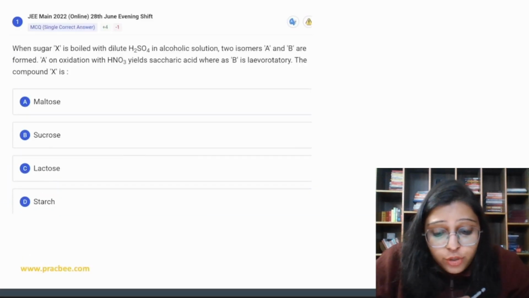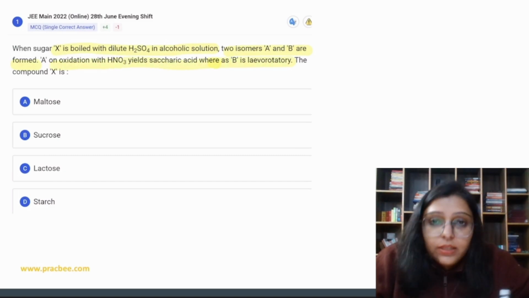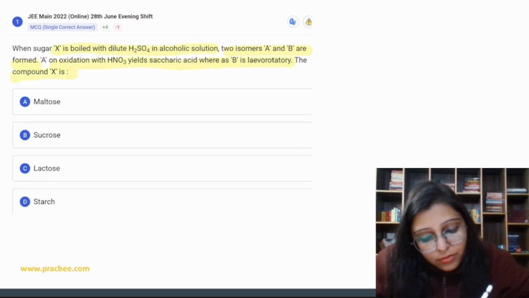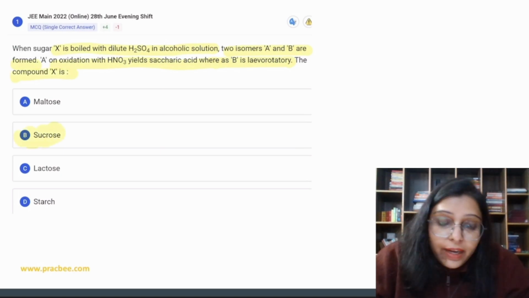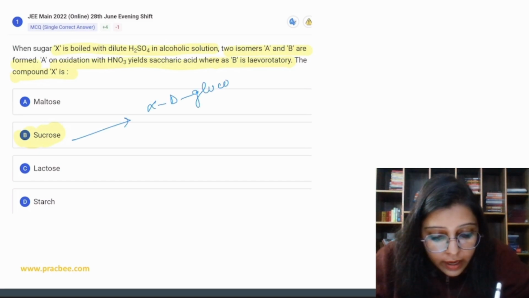Next, when sugar X is boiled with dilute H2SO4 in alcoholic solution, two isomers A and B are formed. A on oxidation with HNO3 yields saccharic acid, whereas B is levorotatory. The compound is sucrose. Why is it sucrose? See, sucrose gives alpha D glucose and beta D fructose.